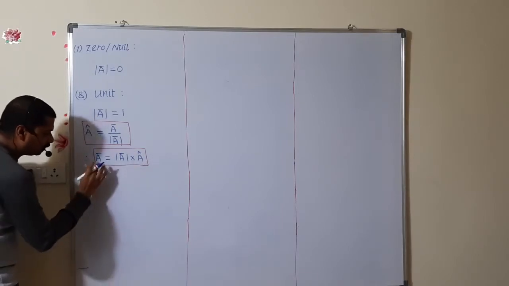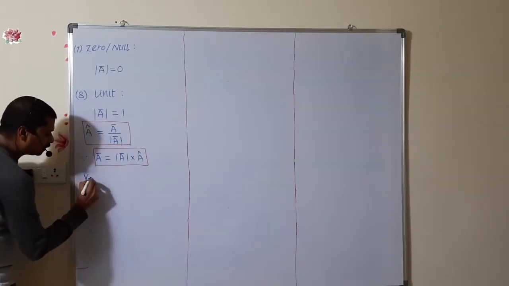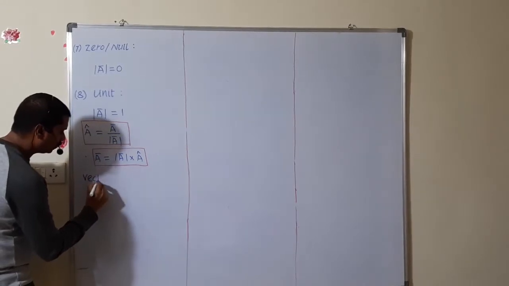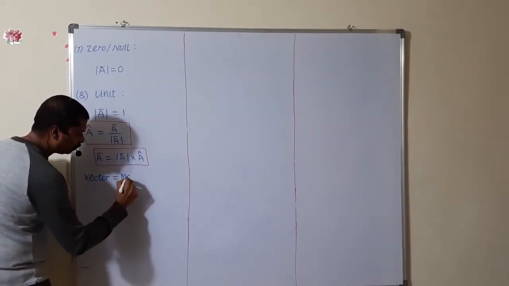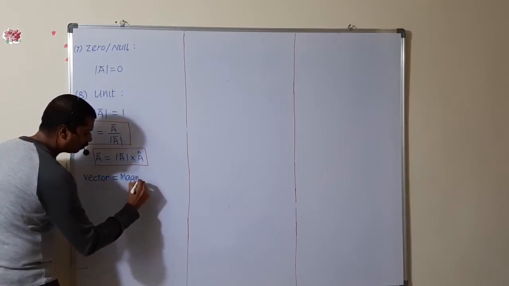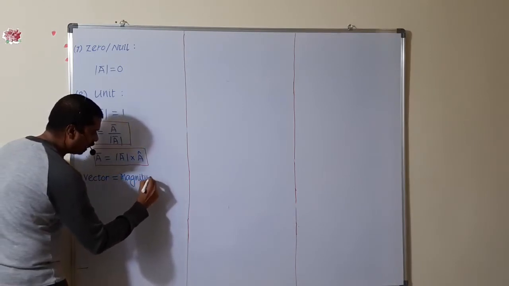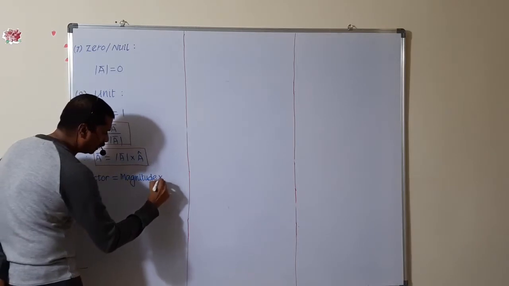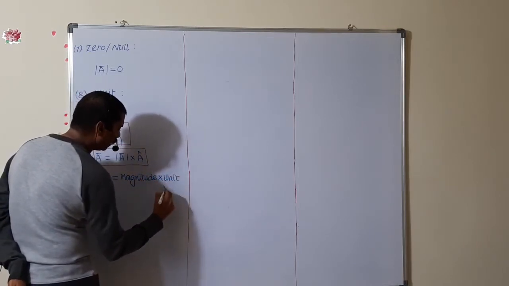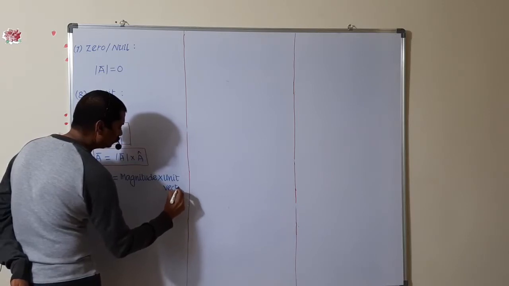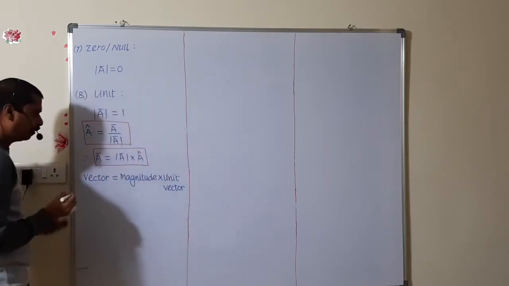The vector structure is always: vector equals magnitude into unit vector. Okay, this is the vector structure.